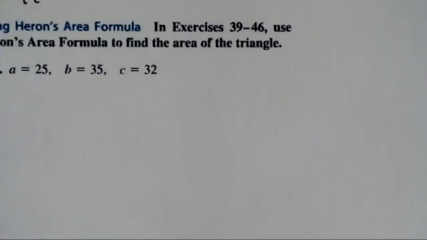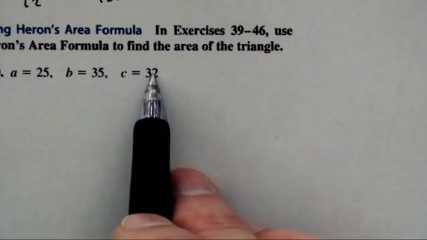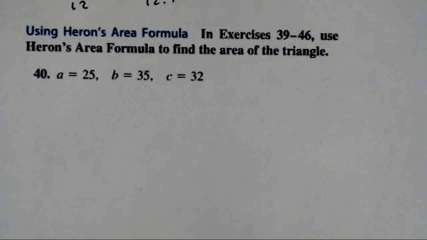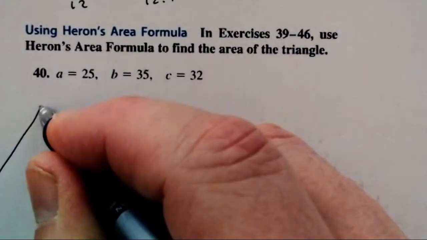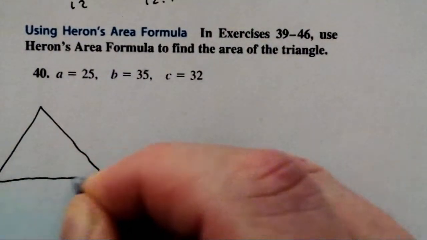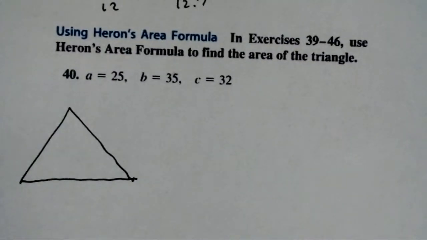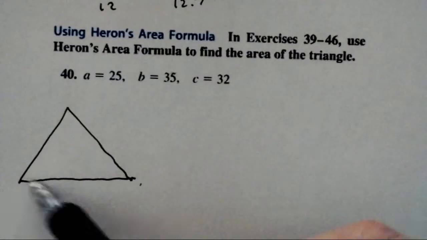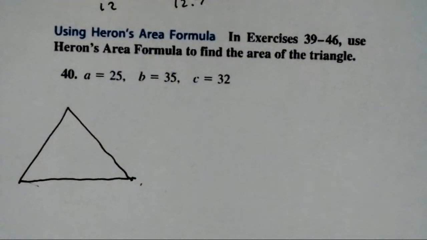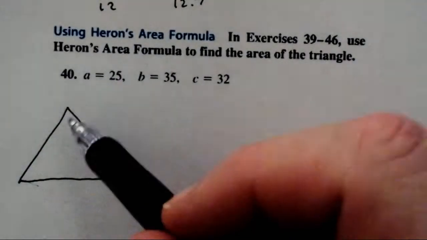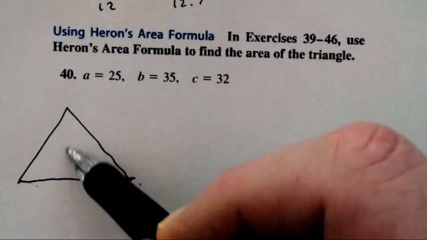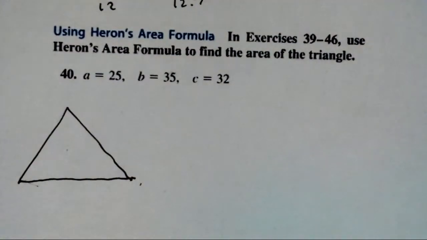So, for this problem, just using Heron's formula, it's a side-side-side problem. And that's awesome because let's say you had this big triangular lot of land and you wanted to know what the area of that lot of land was. You wouldn't have to measure angles. You could just measure the distances and find the area. Pretty nice. You wouldn't have to drop a perpendicular to one side and do 1/2 base times height.